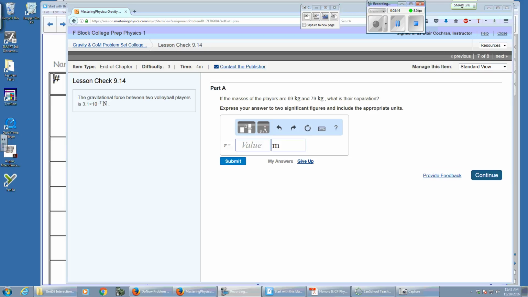All right, on to number 7. Oh, 7 is very, very similar to 8. Almost like they're grouped together. So in 7, they tell us that there's a gravitational force between these two volleyball players. Would that be attractive or repulsive?